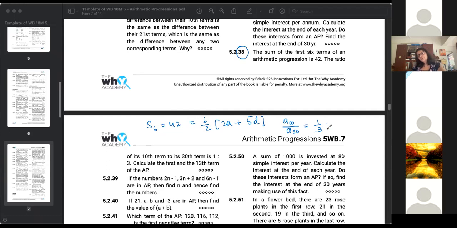So again, put the formula. You'll get another relation between A and D only. So this is equation 1 and you'll get equation 2. Linear equation in 2 variables. Solve it, get the value of A, the value of D, and you'll get the final answer.